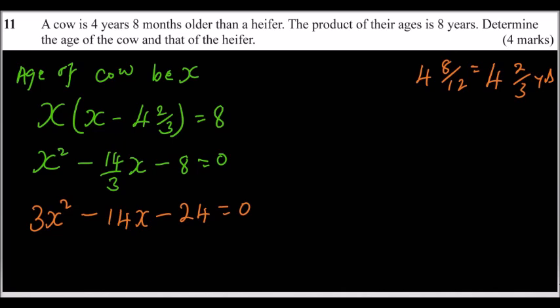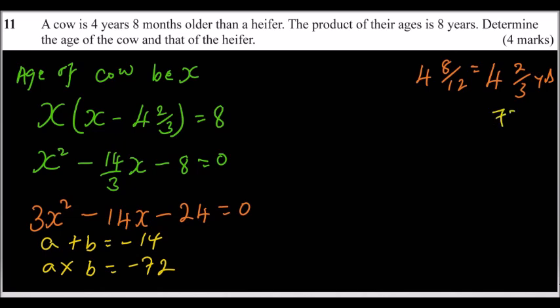So we get two numbers, a plus b should give us minus 14, and a multiplied by b should give us 3 multiplied by minus 24, which will give us minus 72. So when you do that, you'll be able to get this. You can do that by taking the 72.